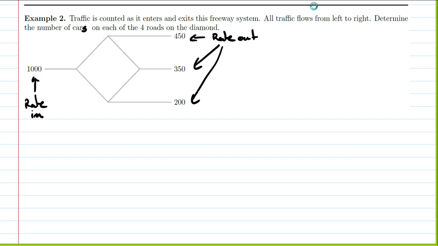Well, it equals 1,000. So the reason I said it's closed is we don't know exactly what's happening on the inside yet, but we know that the rate in is the same as the rate out. So we can use that information to help us solve this system.